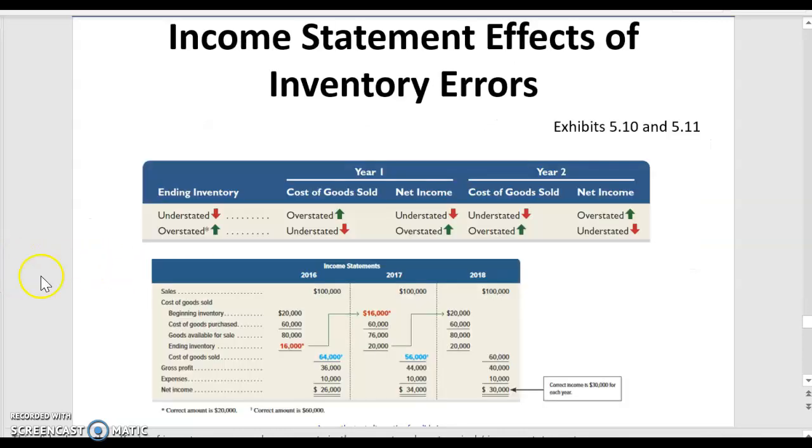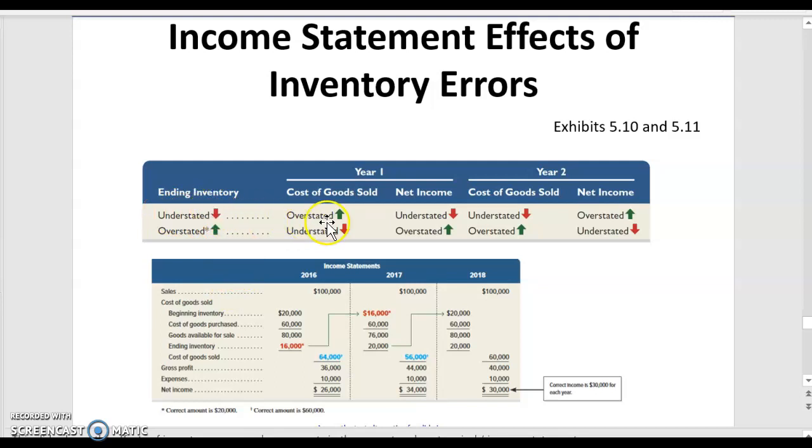What about inventory errors? Here we have a situation where either we've counted wrong, we've entered something wrong, or we have our inventory number incorrect. If our ending inventory is understated, we forgot to count something, okay? So we have a value that is less than what it really is.